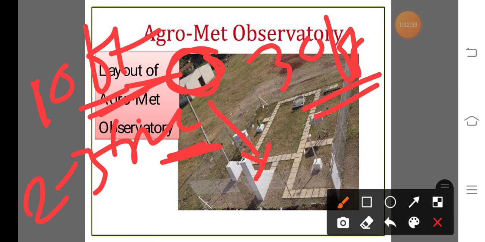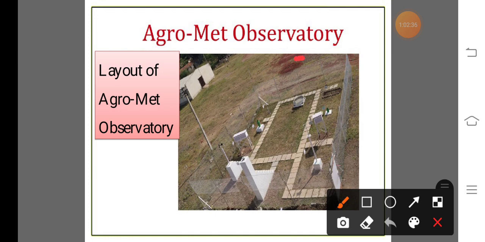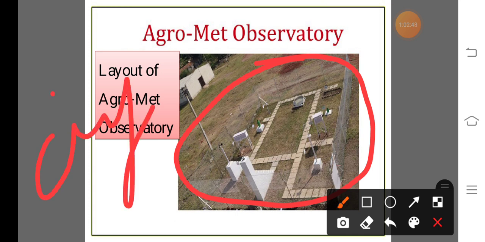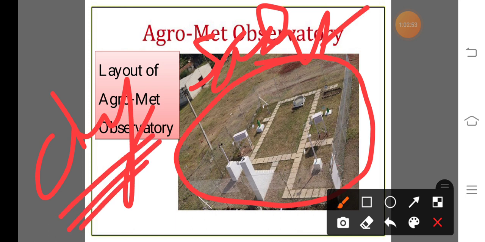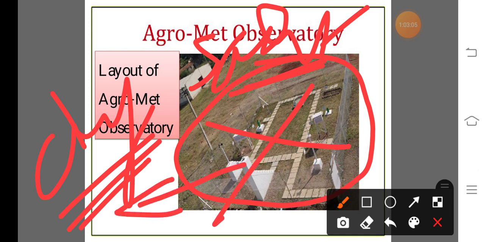Also, in which area is this observatory installed? The area should preferably have the ideal type of soil. In the case of an agricultural college or any research station, there are two types of soil: clay soil and sandy soil. If the crop is cultivated in clay soil and the observatory is installed in sandy soil, then these weather parameters are not applicable for correlating the relationship with crops cultivated in clay soil.